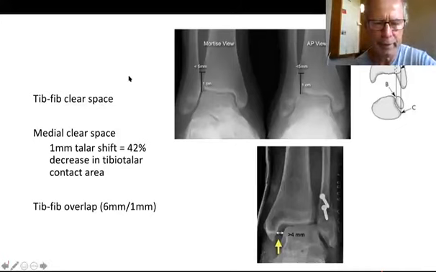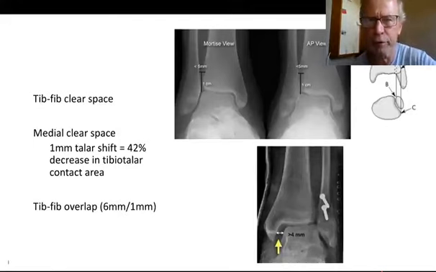What is the link between talar shift and risk of osteoarthritis? If you've got persistent talar shift, then over a period of time, with altered biomechanics, you're almost guaranteed to get arthritis. Whether that arthritis is symptomatic or not is another story.